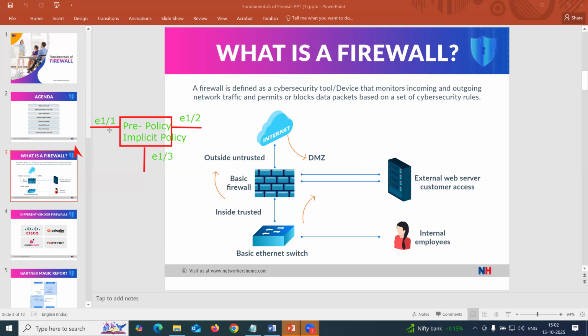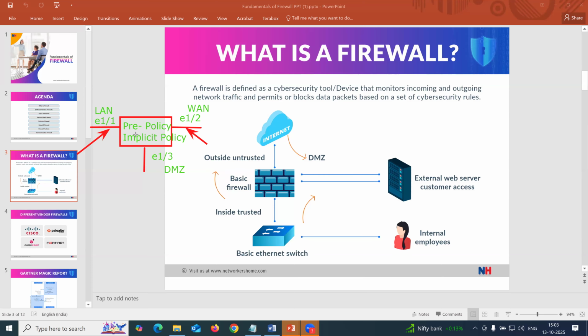And if you want to make any traffic pass through this interface to another interface, you have to configure it as a LAN, a WAN, and a DMZ. Only when you configure these interfaces as LAN, WAN, DMZ can you send the traffic through the firewall. And when you send the traffic through the firewall, this rule will impact you.